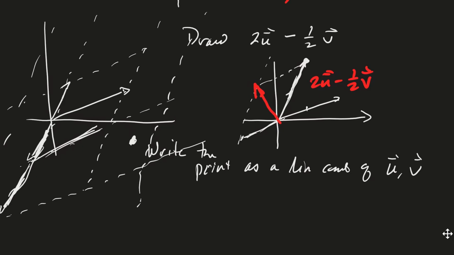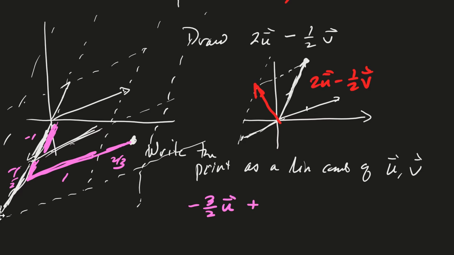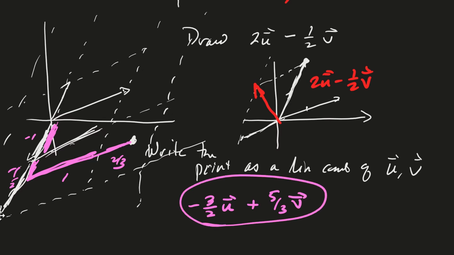So now to get this point, I've got, let's see, minus 1, maybe minus 1/2 more, and then plus 1, and plus, what is that, about 2/3? So it looks like this is about minus 3/2 times U plus 5/3 V. And so this is just a rough estimate, right?